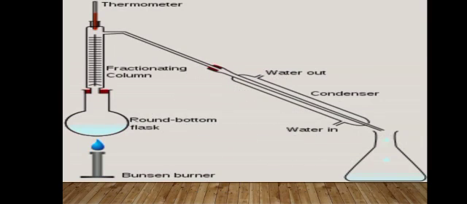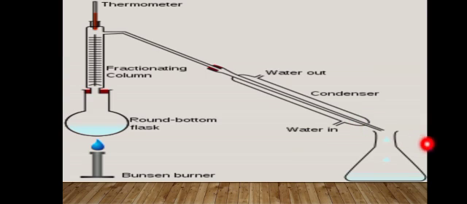I will observe the temperature on this thermometer, and at 56 degrees Celsius steam will form as liquid A turns into steam. This steam travels down and is condensed, and again it is converted into liquid, and here we can collect liquid A at 56 degrees Celsius. In this way, I have collected from the mixture of the liquid, liquid A whose boiling point is 56 degrees Celsius.